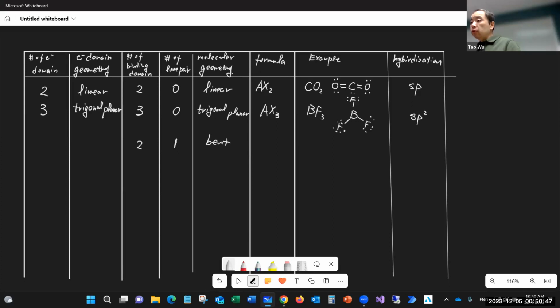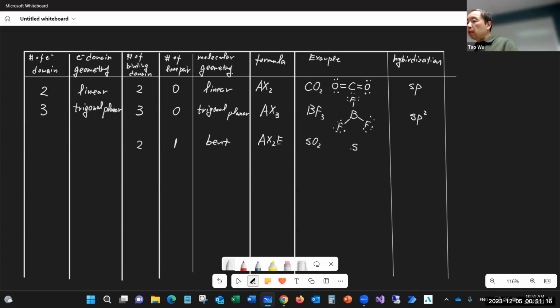The formula to write this is AX2E. The E means the electron lone pair. So AX2E means we still have three electron domains, but with two bonds and one lone pair. One of the examples is SO2.